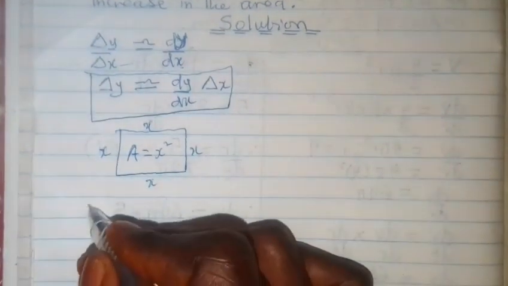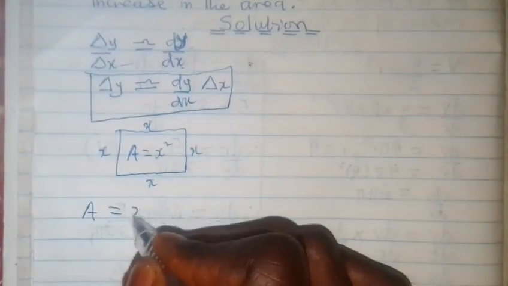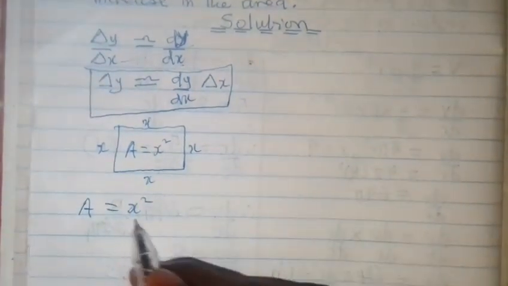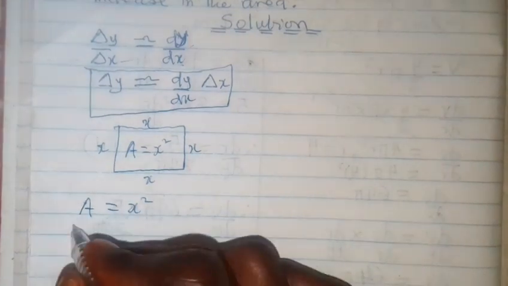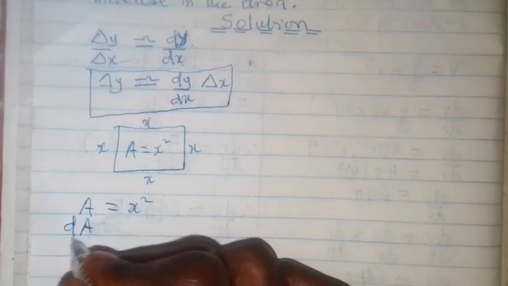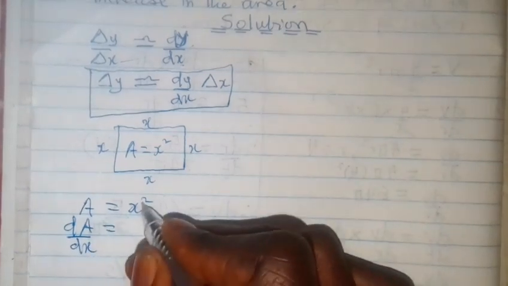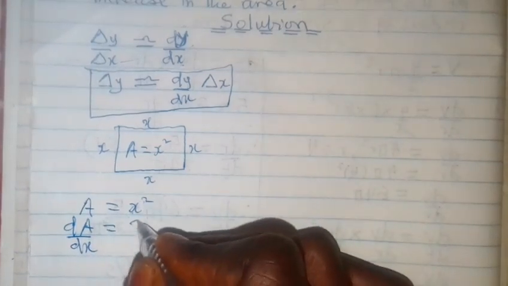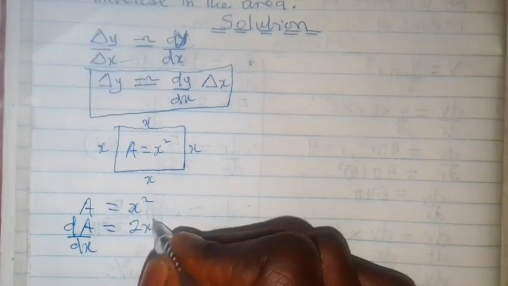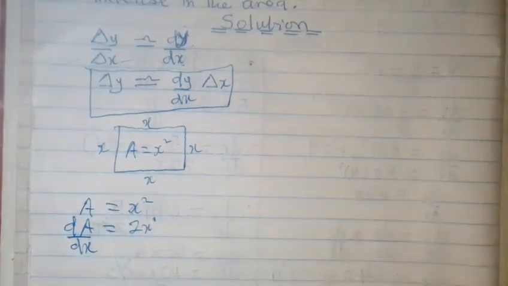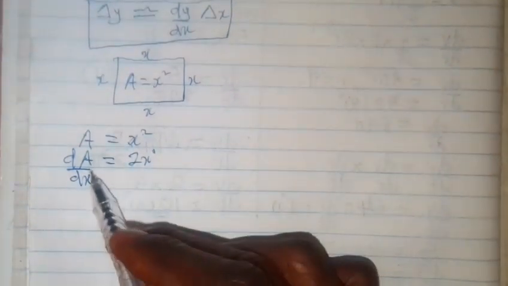So we can say that A equals x squared. The first thing is for us to differentiate this, which will give us dA/dx. And what is our dA/dx? It is going to give us 2 times x, which is 2x, then 2 minus 1 is 1, so we have 2x to the power 1 here.